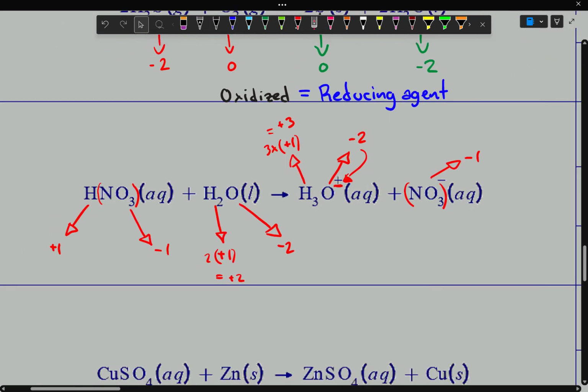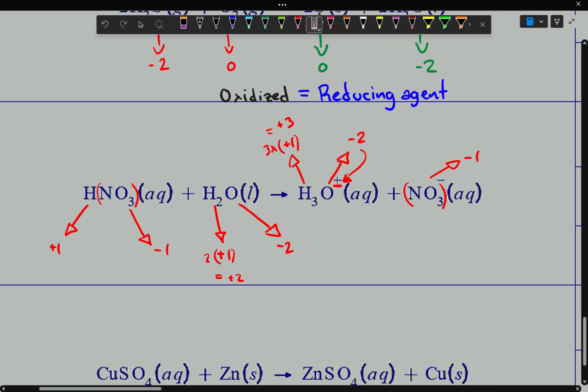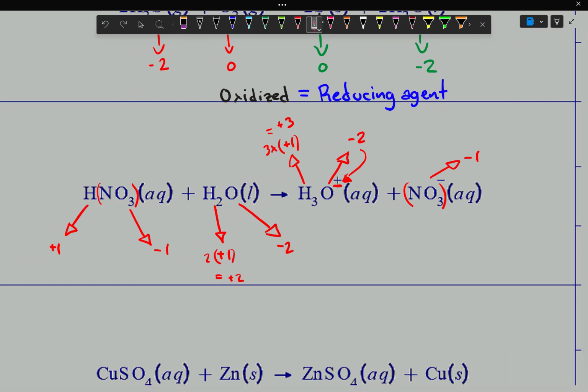So all in all, on the left side of the equation, we have hydrogens in a state of +1. We have nitrate in its -1 state, and we have oxygen in its -2 state. On the right, we have our hydrogens in a +1 state, our oxygen in a -2 state, and our nitrates in a -1 state.